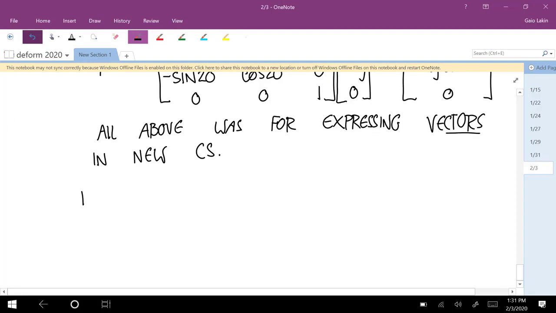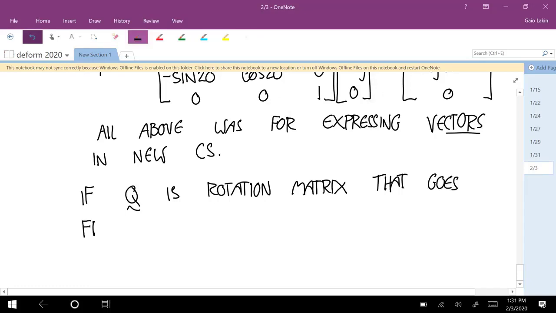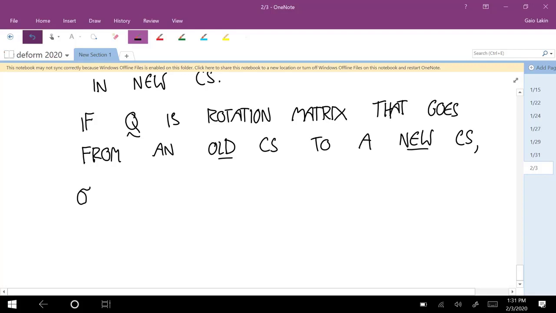So if Q is a rotation matrix that goes from an old coordinate system to a new coordinate system, then the stress tensor expressed in the new coordinate system is equal to Q times the stress tensor in the old coordinate system times Q transpose.